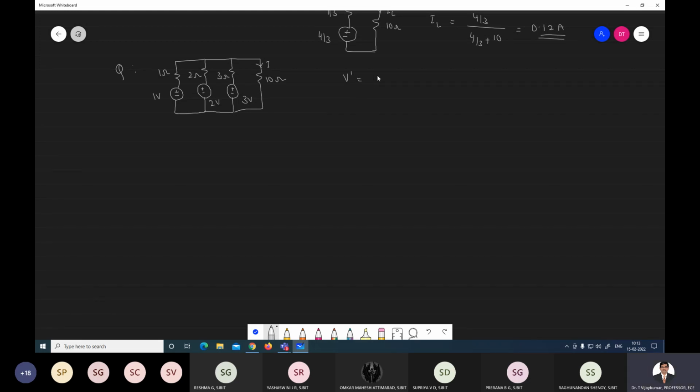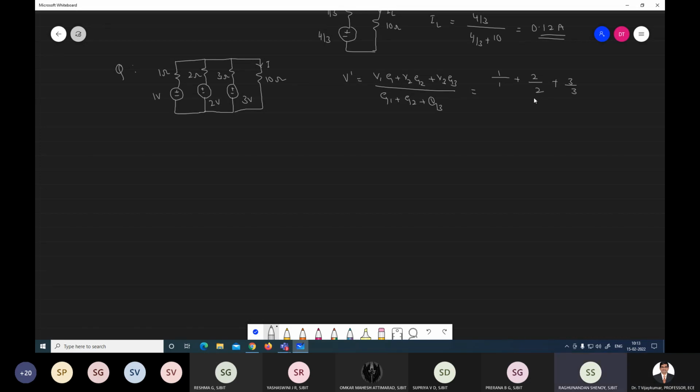V dash is equal to, use the same formula, V1 G1 plus V2 G2 plus V3 into G3 divided by G1 plus G2 plus G3. So V1 is 1 by 1 plus 2 by 2 plus 3 by 3.